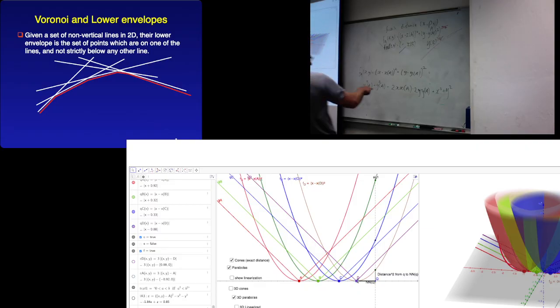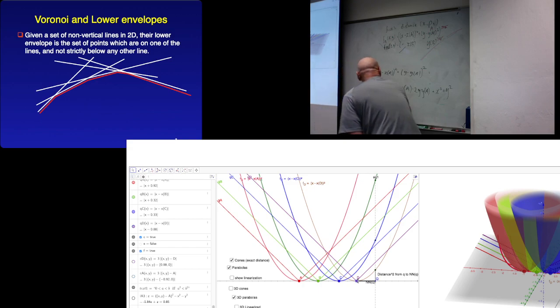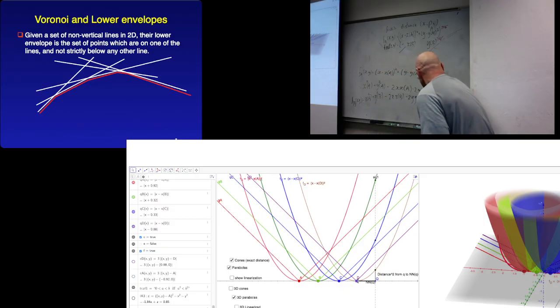But now let's compare it to f_B of (x, y), which is the same: x_B squared plus y_B squared minus 2x x_B minus 2y y_B plus the same x squared plus y squared.